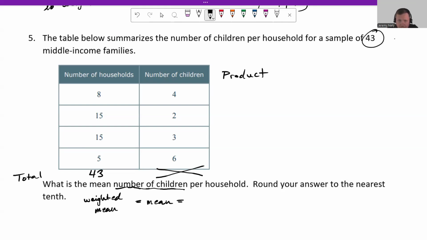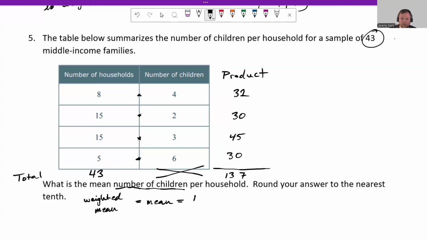Anyhow, product, we're going to multiply these out. So I get 32, 30, 45, and 30. So then 137.